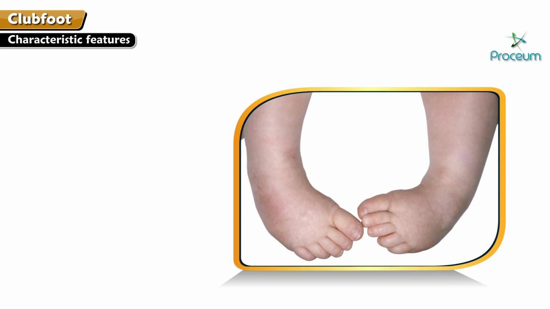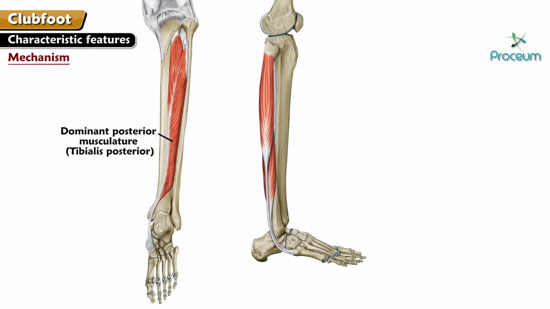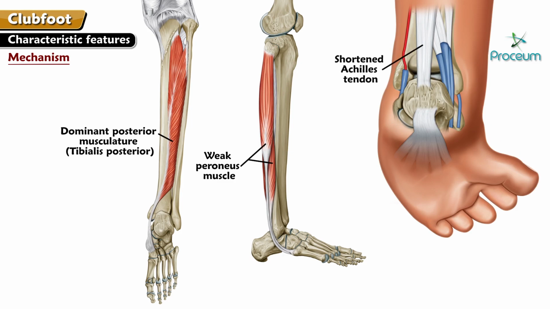Characteristic features. It is bilateral in 30 to 50% of cases. Mechanism. A dominant posterior musculature, especially tibialis posterior, a weak peroneus muscle, and a shortened Achilles tendon can all contribute towards causation of a clubfoot.